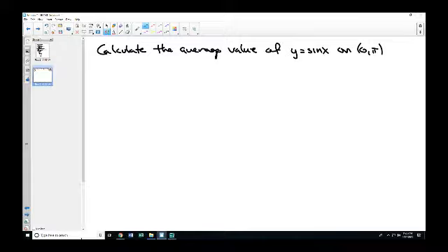We want to look at this a little bit graphically, just to see what it looks like. Calculate the average value of sine x from 0 to pi.